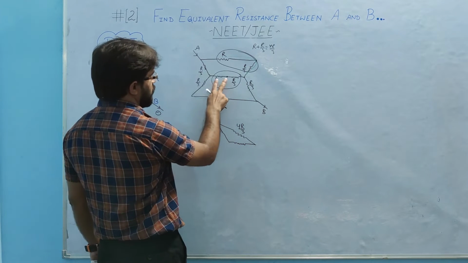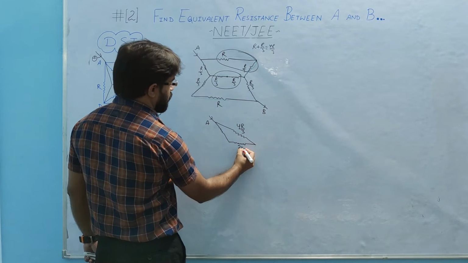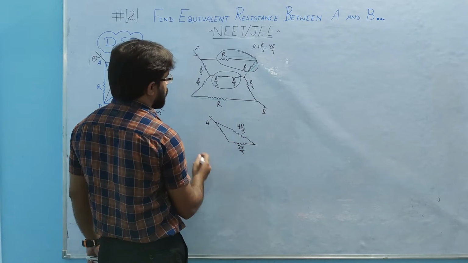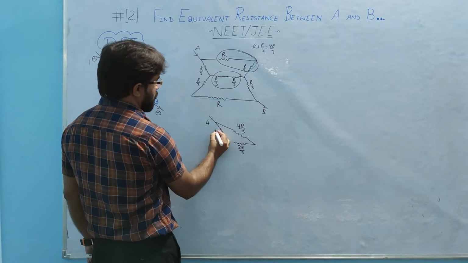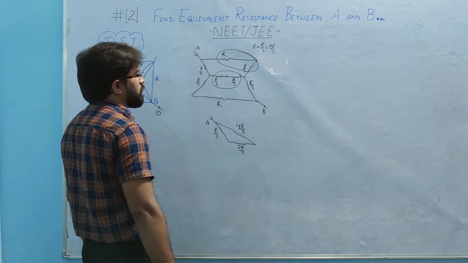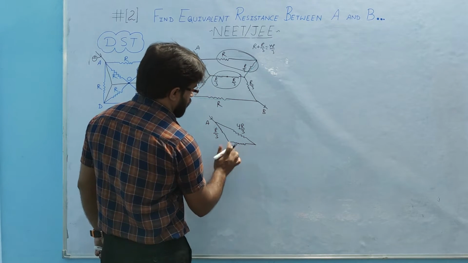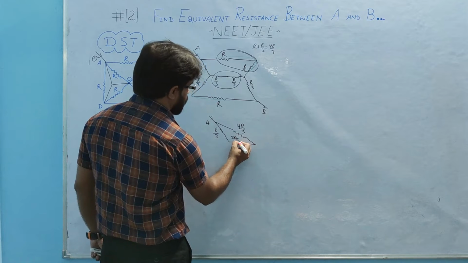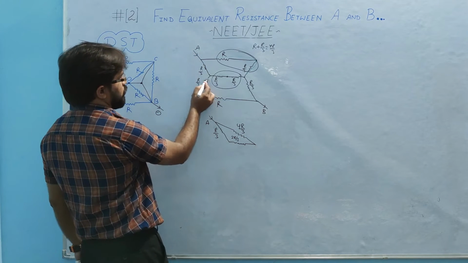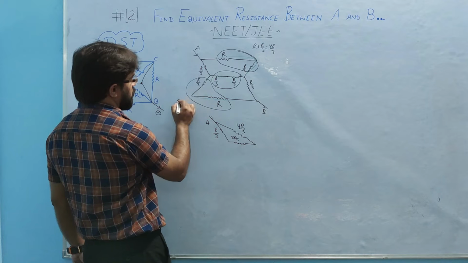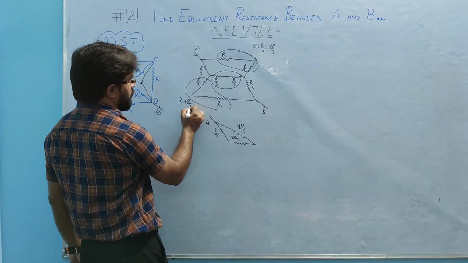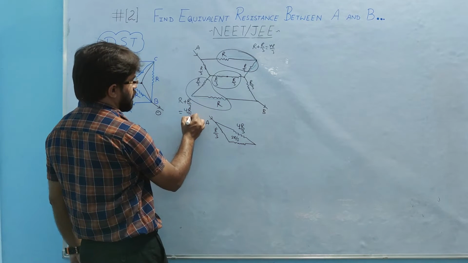These two are in series, 2R by 3. This is still R by 3. Here also I am writing 2R by 3 on this side. These two, R plus R by 3, will create 4R by 3.